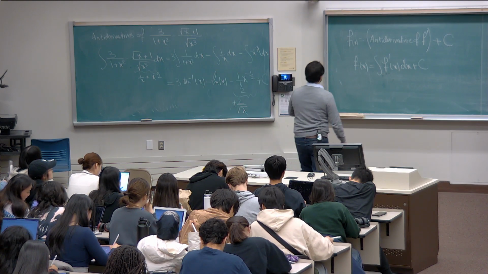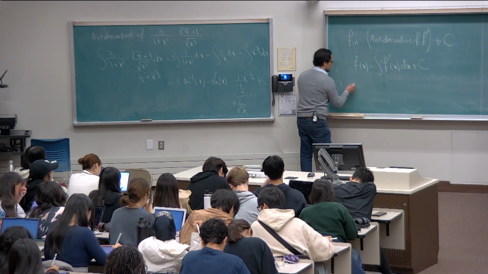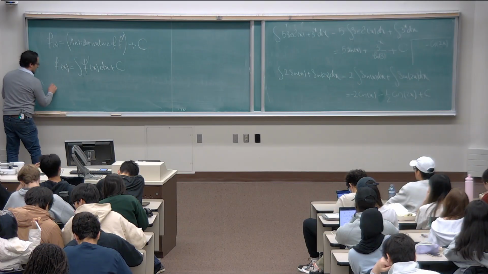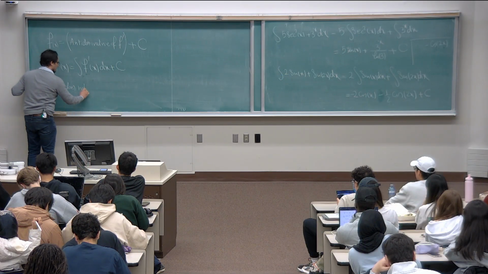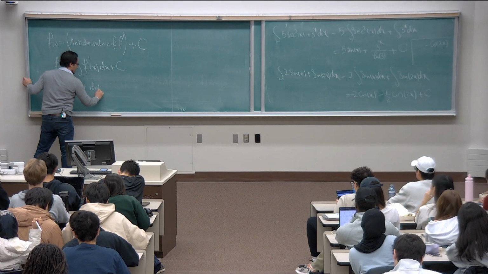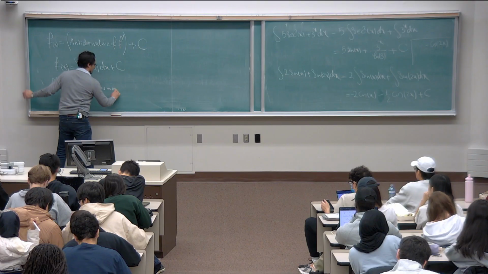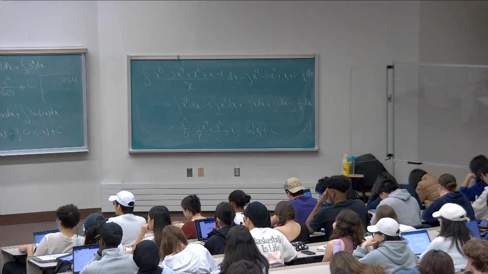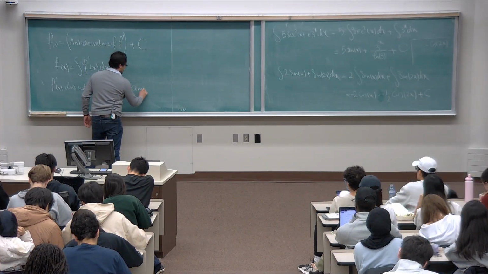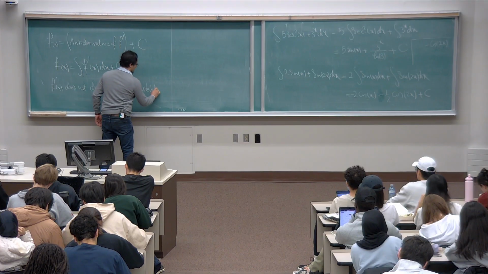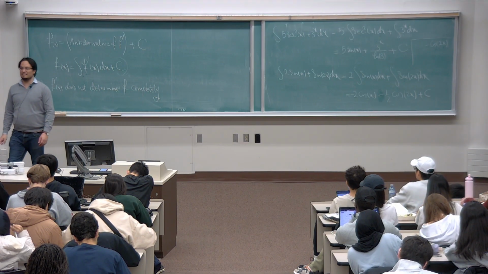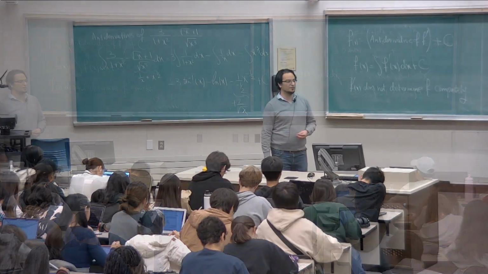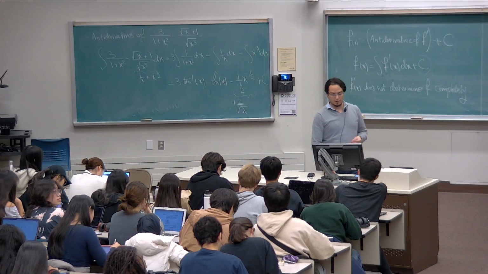In other words, that c says that the antiderivative of f prime does not determine f completely. There is always this constant c that we have to figure out.